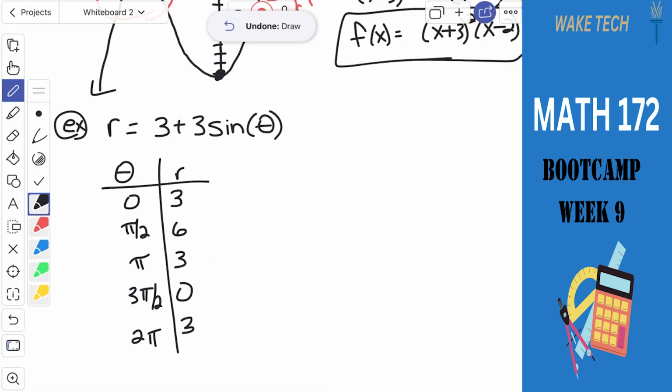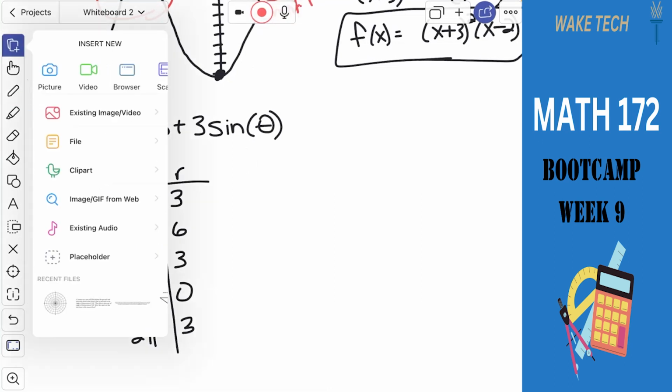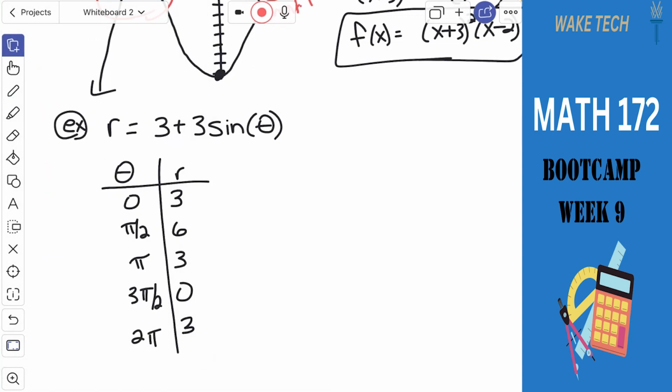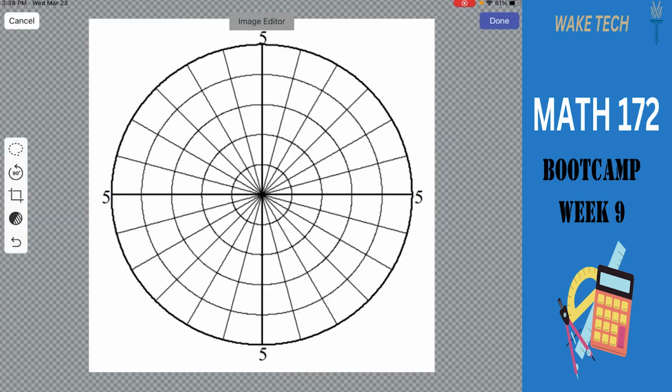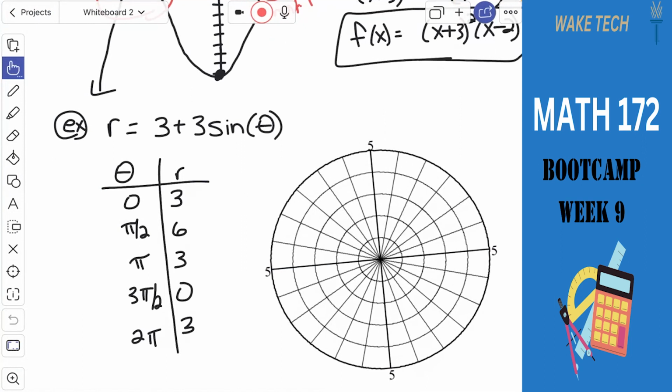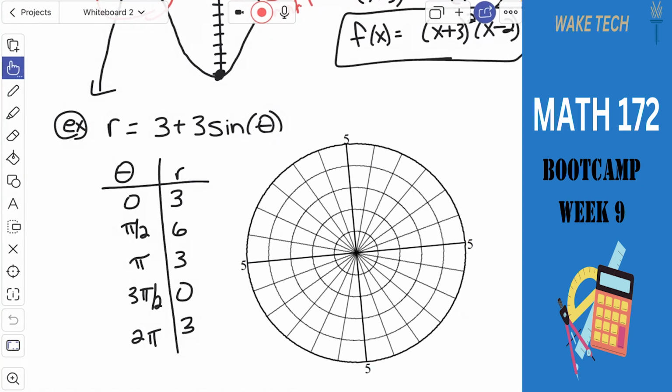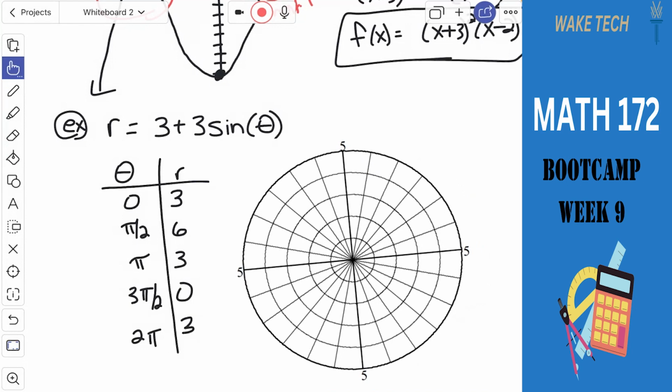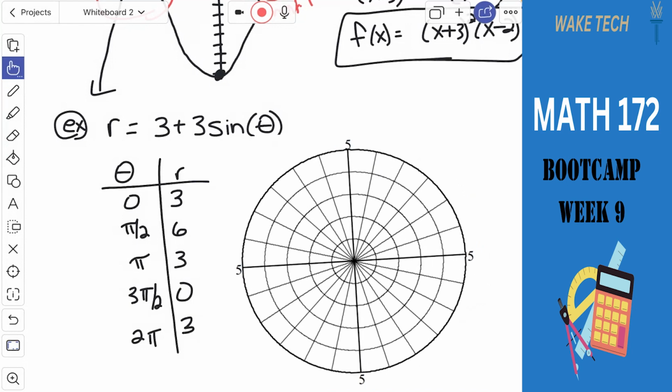And then at 2 pi, we're back at the same spot we were at with 0. The outcome of this is exactly the same as with the earlier points. We now have a series of polar points we can plot to generate the graph.